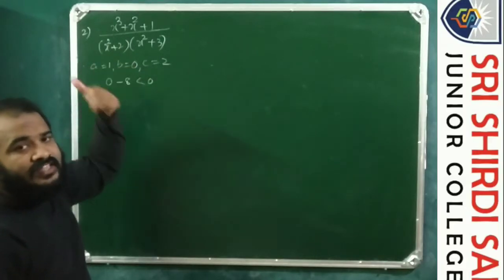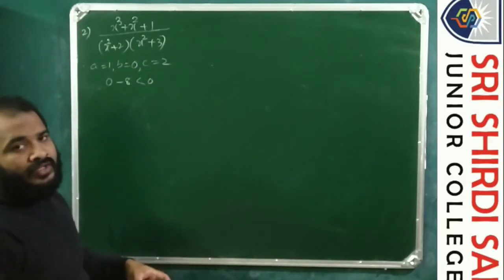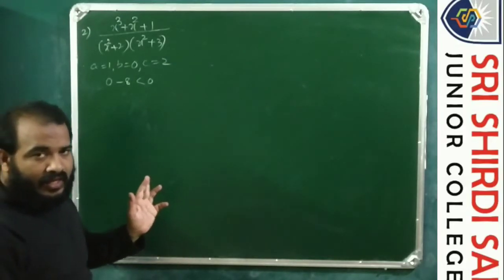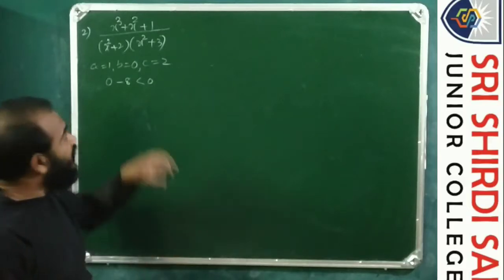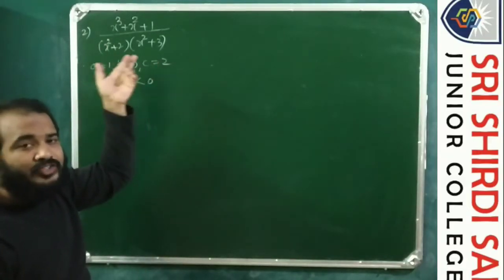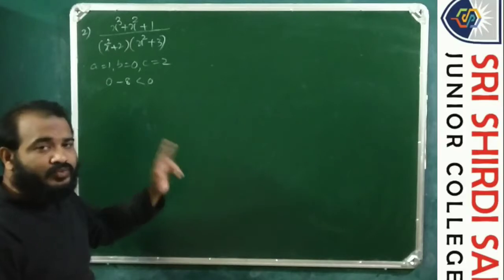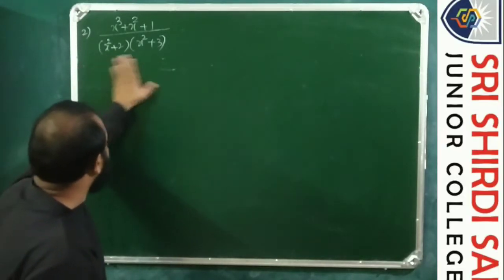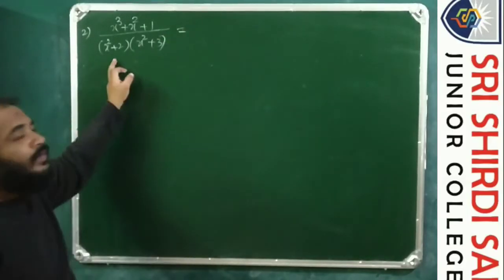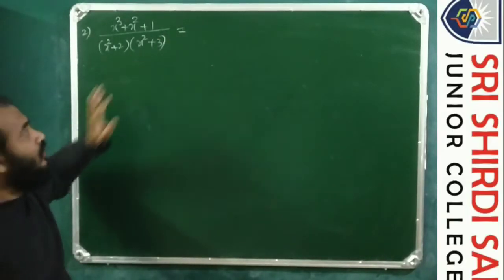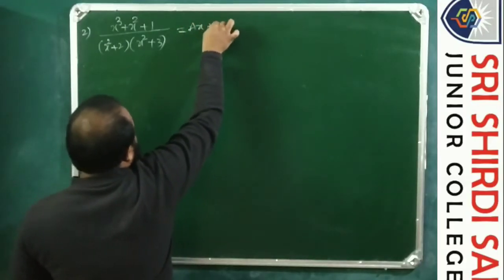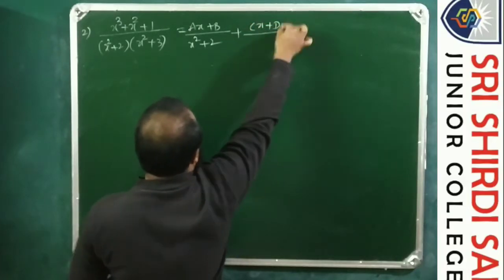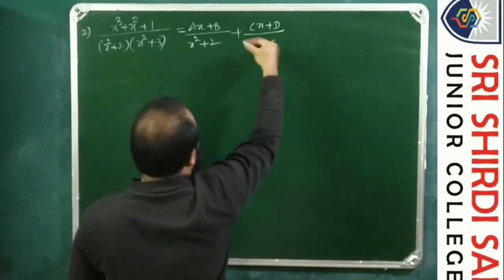So what does type 3 say? For every non-repeated irreducible quadratic factor ax square plus bx plus c of the denominator g of x, there corresponds a partial fraction of the form ax plus b by ax square plus bx plus c. So according to this, there are two non-repeated irreducible quadratic factors. So ax plus b by x square plus 2, cx plus d by x square plus 3.